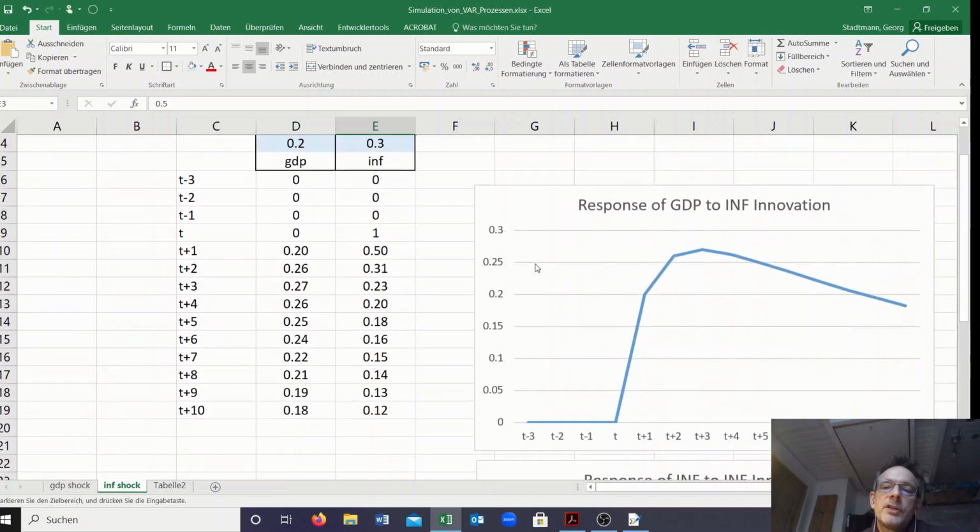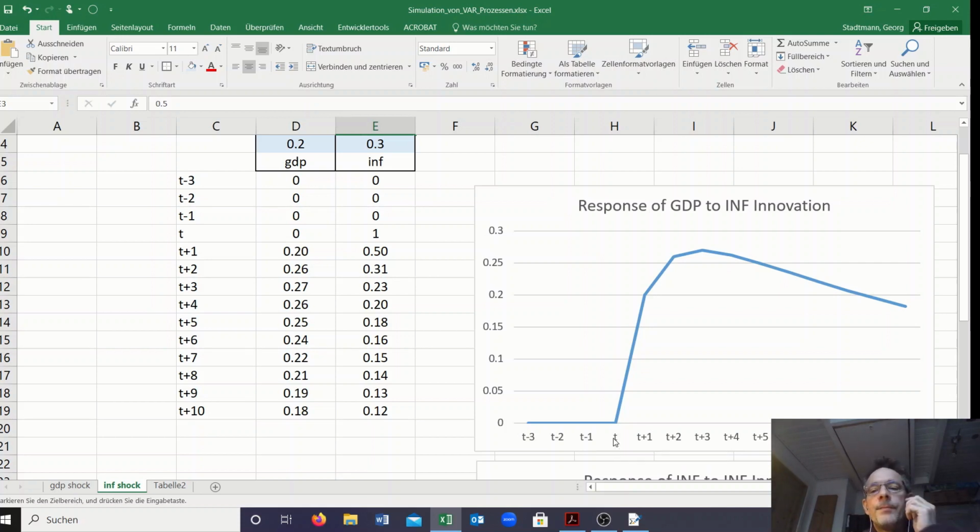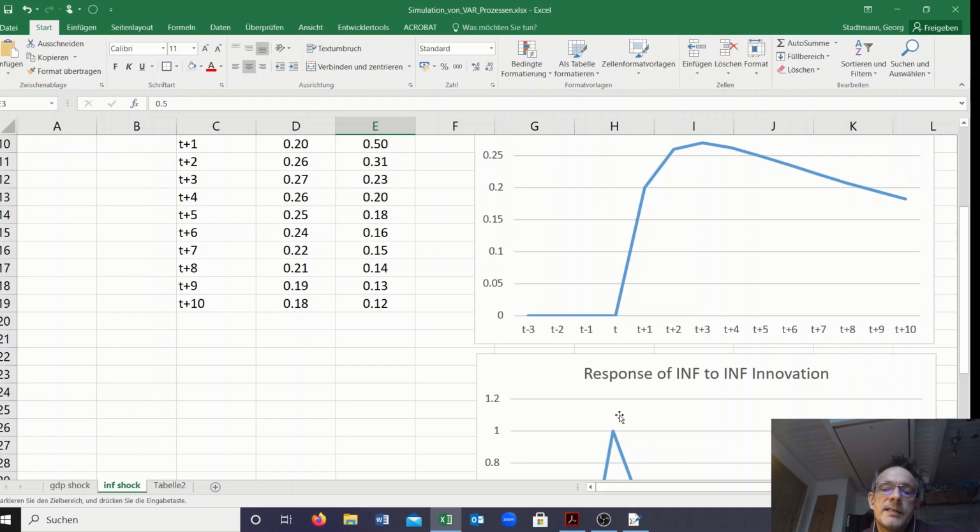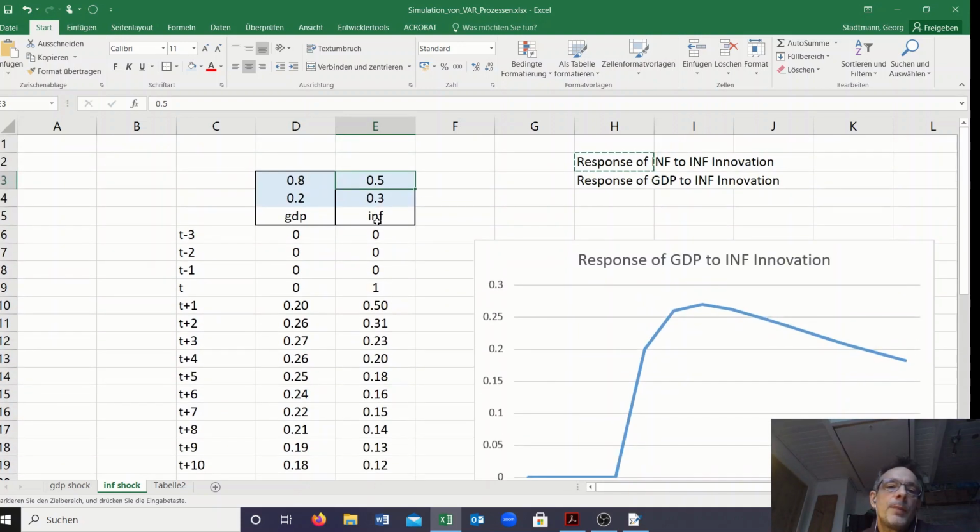With respect to the GDP time series, due to an inflation shock, GDP does not react in period t, because the shock occurs at the inflation rate, and then the inflation rate in t is equal to 1. And this implies that in the next period, GDP will be affected by 0.2 units, which you can see here.